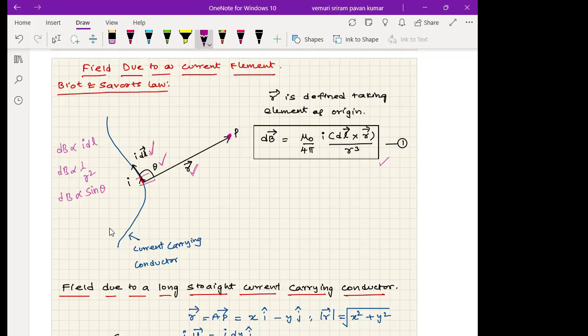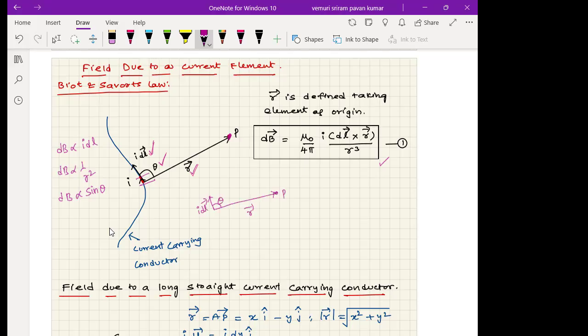One, I dl vector. Two, r vector. Three, the angle. Remember, this is the angle between I dl vector and r vector. That's the theta.